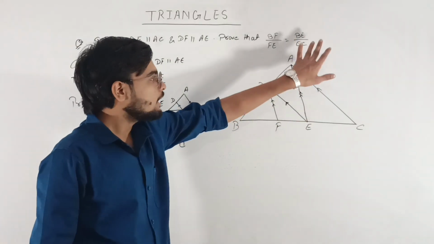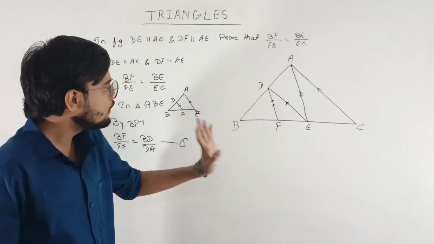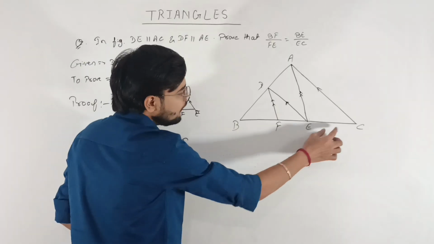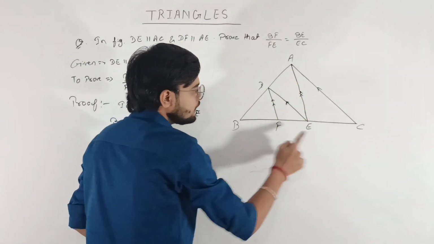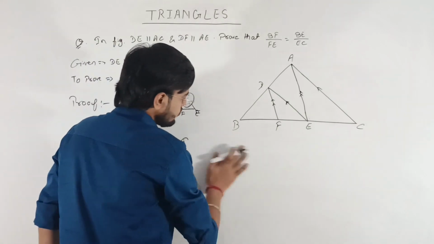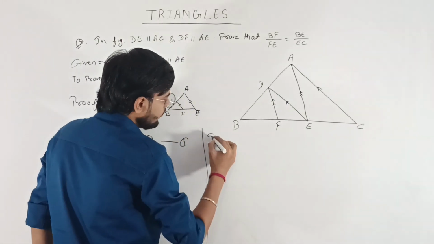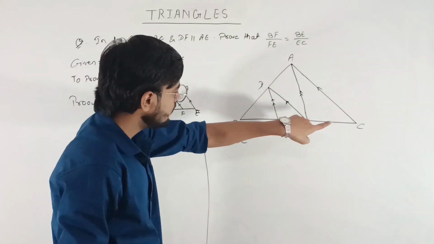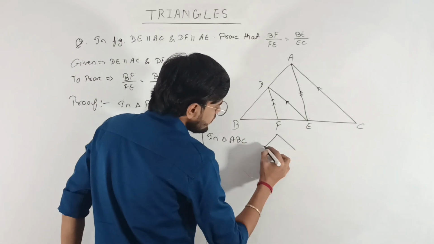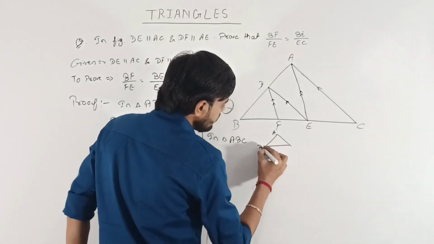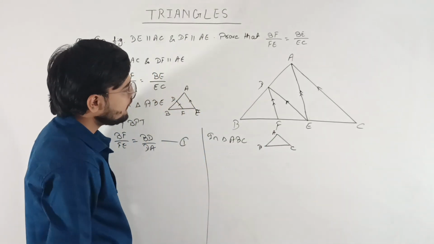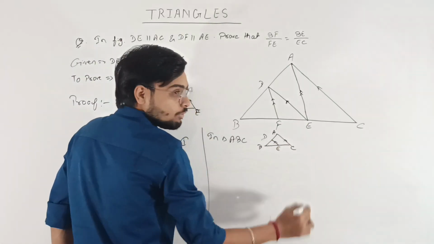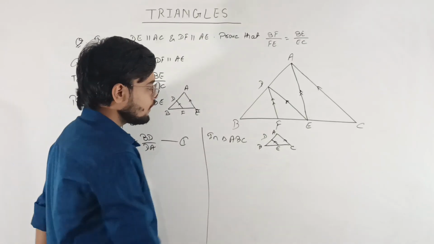Now BE and EC. Again we look in which triangle BE and EC lie. So BE is here, and EC is here. Now BE and EC lie in triangle ABC, the bigger triangle. So now we consider triangle A, B and C. In this triangle, DE is parallel to AC.